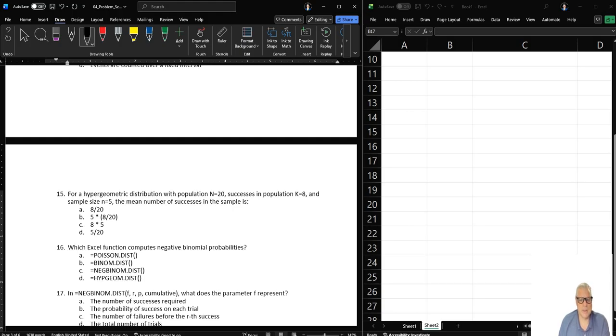There are a total of 8 successes in the population, and we draw 5, but it is without replacement.